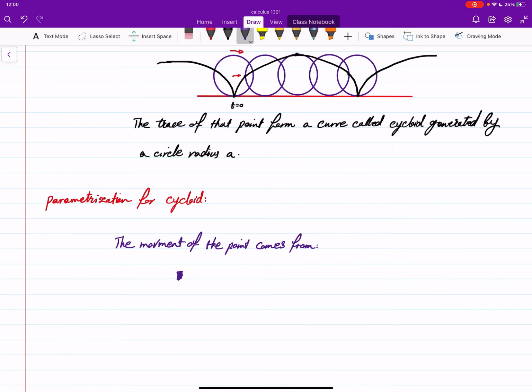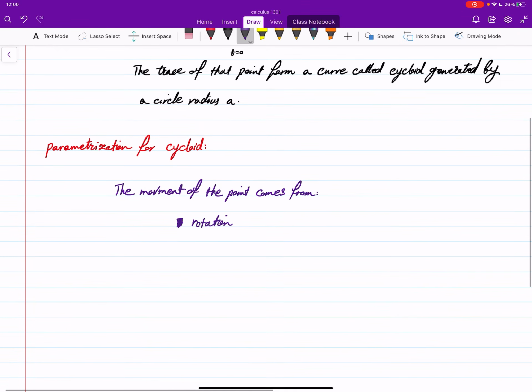It means that if I assume that the center is fixed, then just looking at what is rolling, you notice that this point goes around and around and around. The second thing is the displacement of the center.